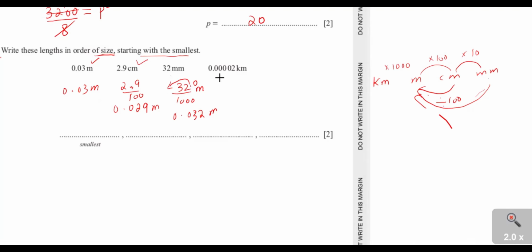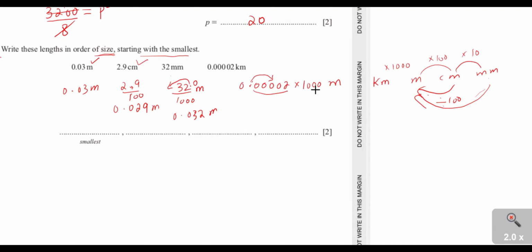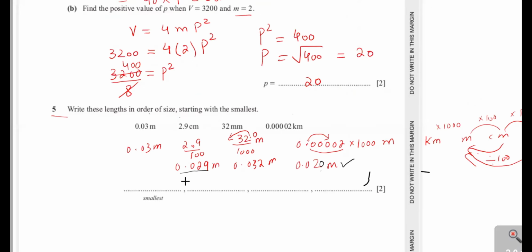And the last value is 0.00002 kilometer. When we convert kilometer into meter, we have to multiply this value by 1000. When we multiply 1000 by 0.00002, we get 0.02 meter. Look here, all these values are converted into the same units.